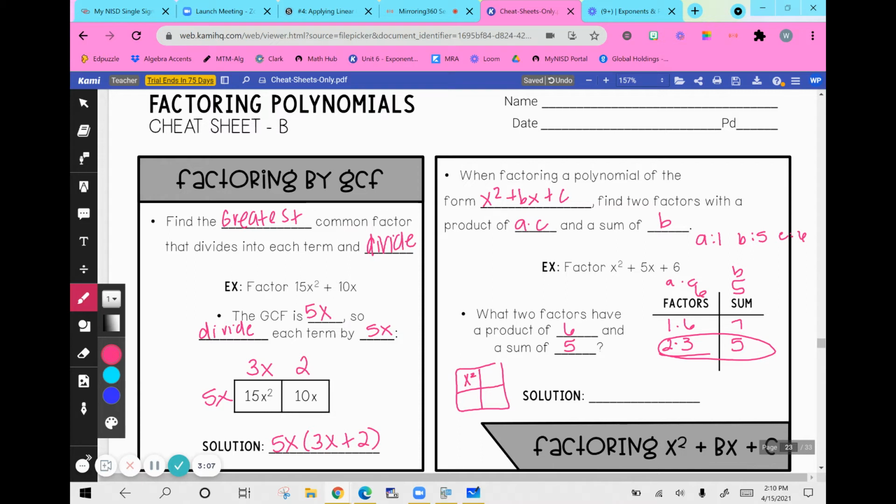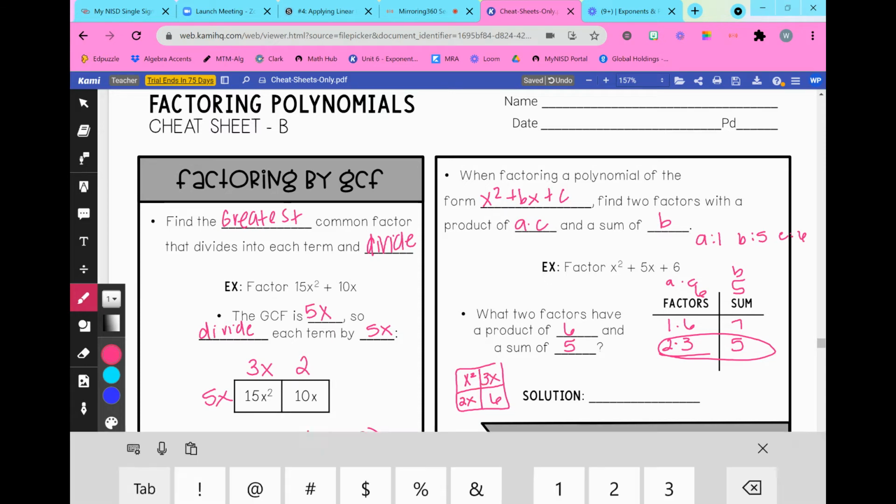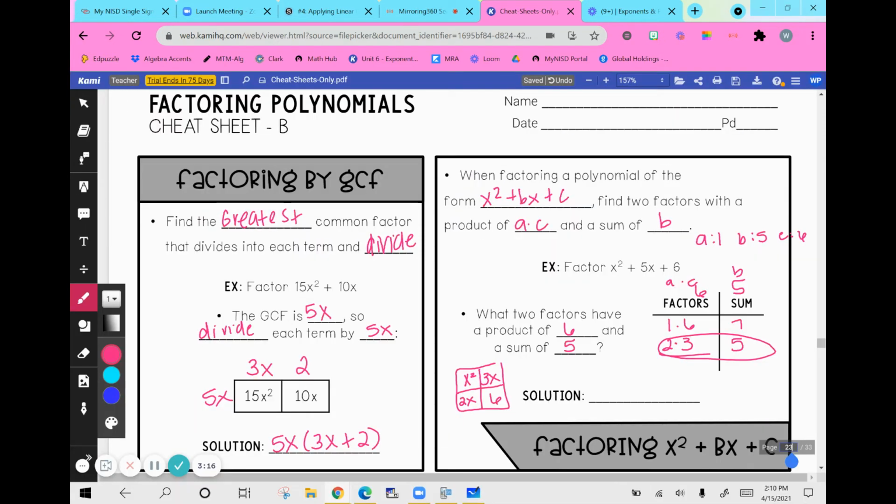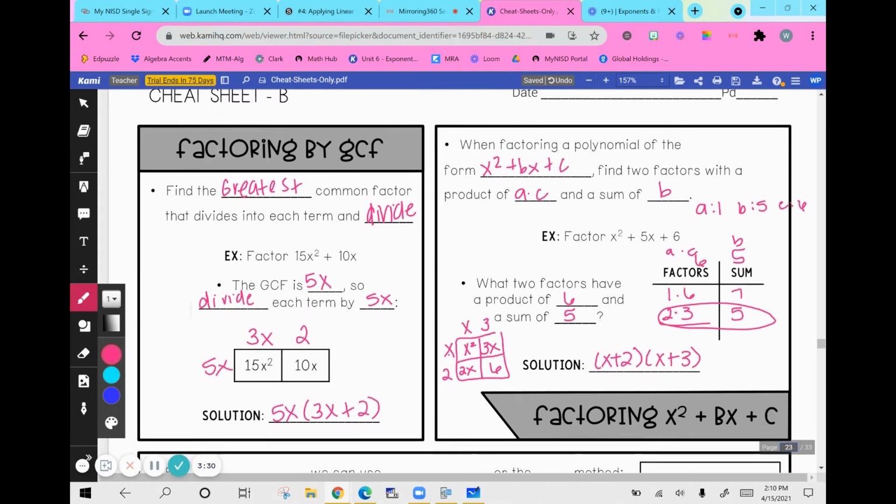I'm going to put my last term in the bottom right box. I'm going to say 2x here and 3x here, since those are the factors that I found. And I know that x times x gives me x squared, then x times 3 gives me 3x, and x times 2 gives me 2x. So my factors are x plus 2 times x plus 3, or you could say x plus 3 times x plus 2, but either way works, okay?